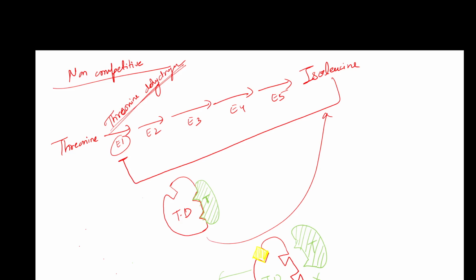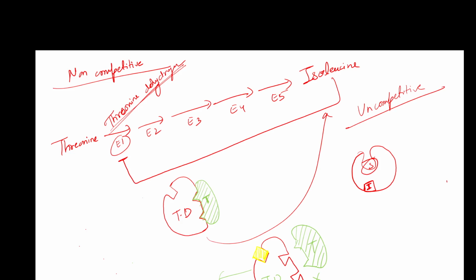Next we have another example, from the competitive inhibition, sorry, uncompetitive. So in uncompetitive inhibition, for example, phenylalanine can inhibit the alkaline phosphatase enzyme when it is bound with its substrate. The substrate is bound, and the inhibitor is also binding at this particular time only.